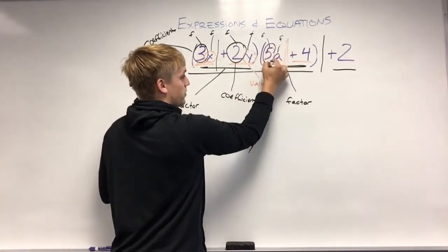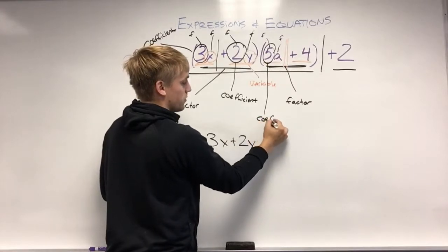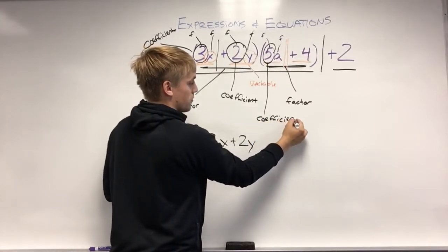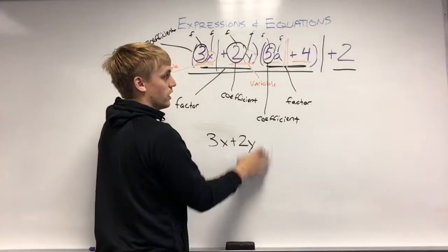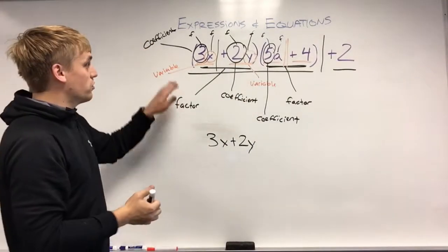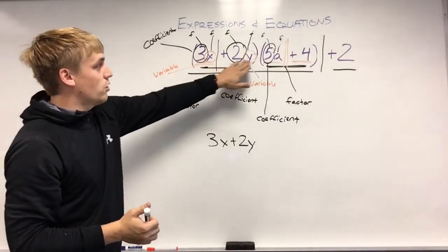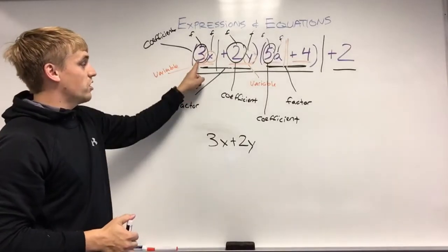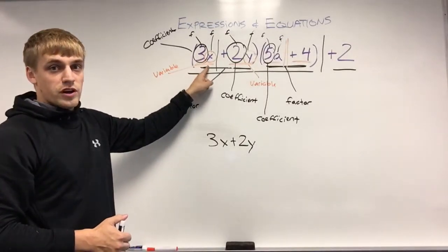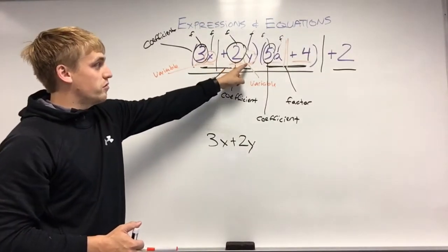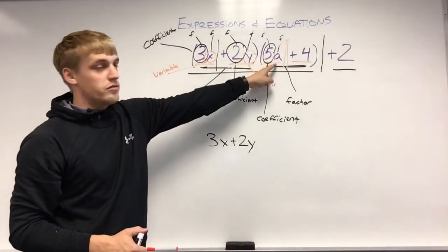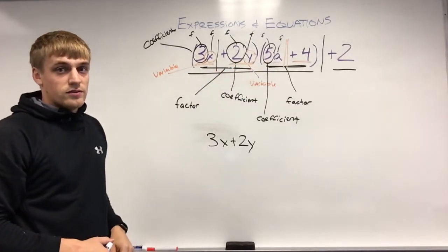This 5 is a coefficient. And there are no more. The reason that those 3 are coefficients is because they're a number right in front of a variable. Okay?